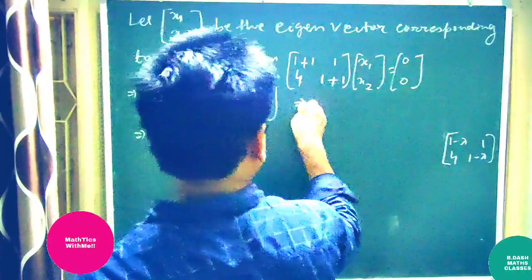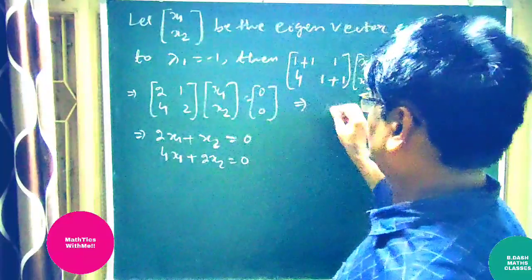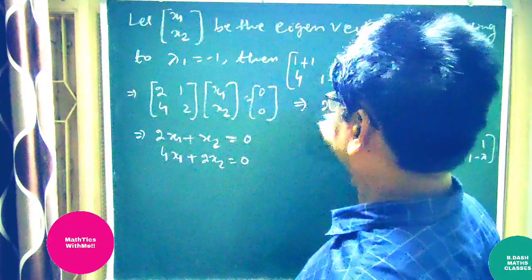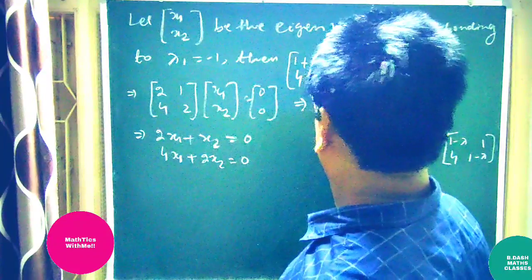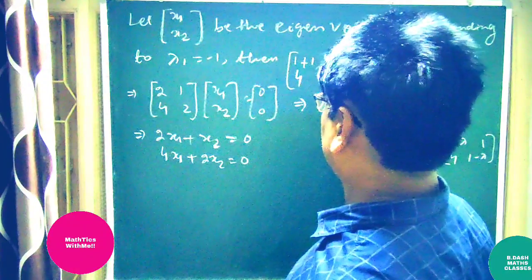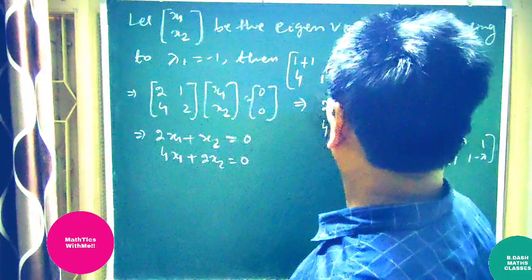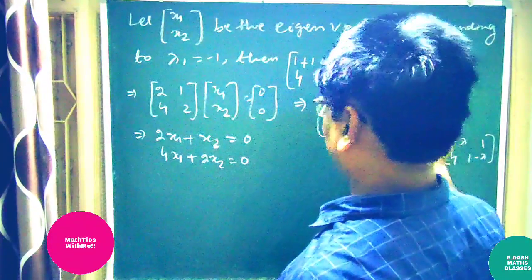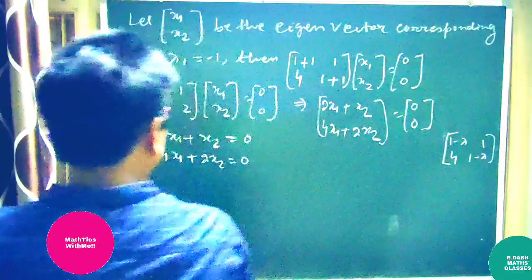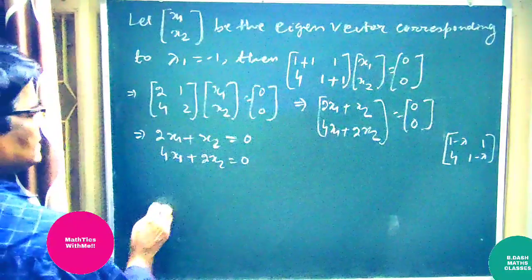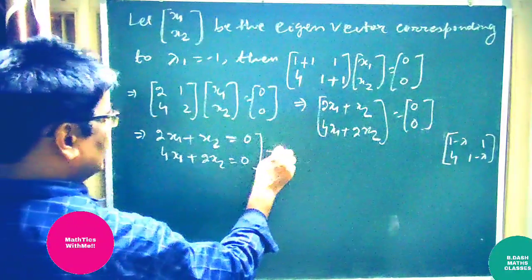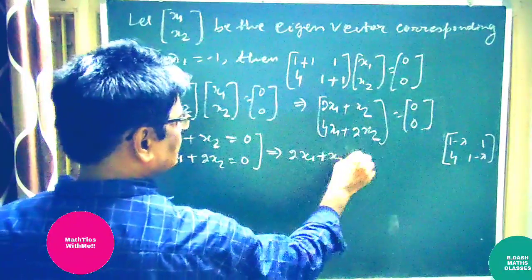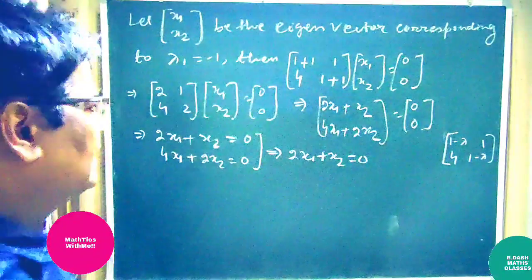So one step is here. This is [2x1 plus x2, 4x1 plus 2x2] after multiplication, which is equal to [0, 0]. So now we are getting these two equations. These two equations are identical, which is 2x1 plus x2 is equal to 0.